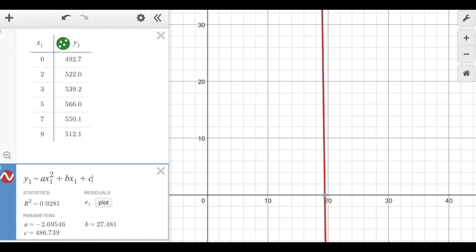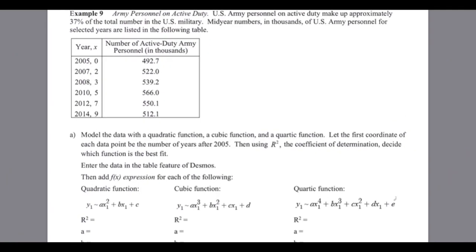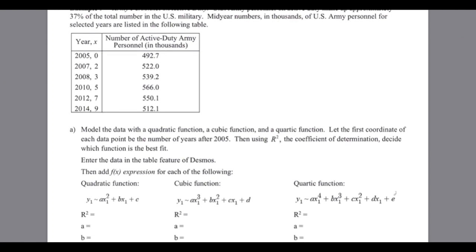I'm going to go back to our parts here. Here our r squared for the quadratic function was 0.9281. Our a value was negative 2.69546. Our b value was 27.481, and our c value was 486.739.